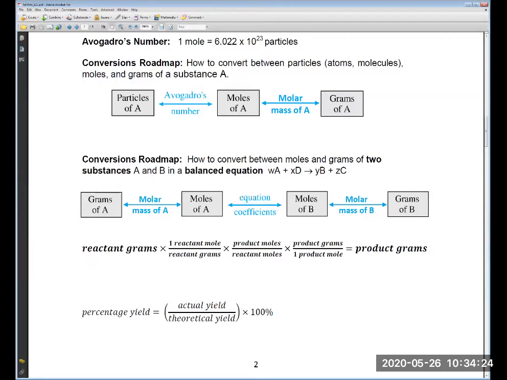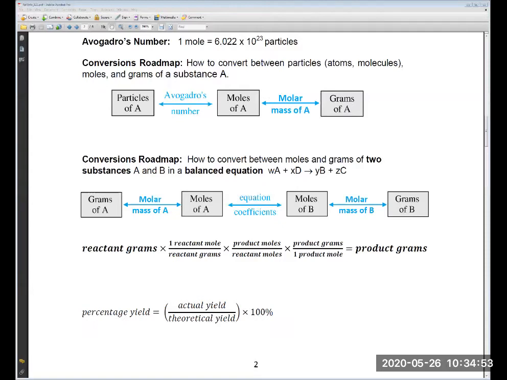So whenever you have mass, you need to change it to moles. You first change the grams into moles using the molar mass of A. You adapt the molar mass to the substance in question. Then you change your moles of A to moles of B using the coefficient from the equation. And after that, to get from moles of B back to grams of B, you use the molar mass of B.